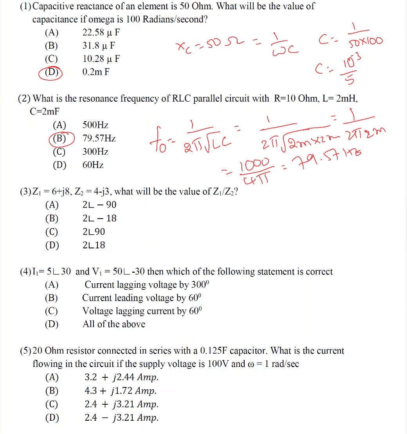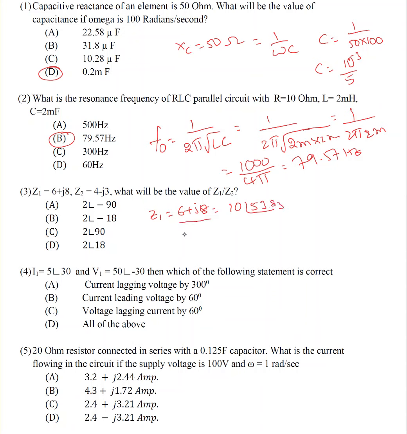Now he gave you Z1 impedance, Z2 impedance. He's asking about Z1 over Z2. So Z1 equal to 6 plus J8. I can write this as 10 at an angle of tan inverse of 8 over 6, which is 53.83.